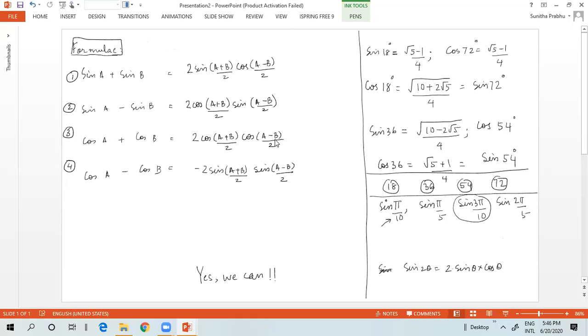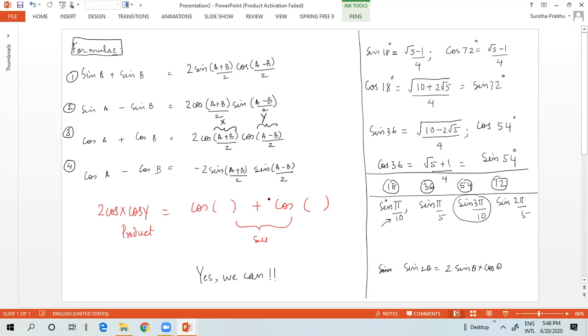If I have 2 cos X cos Y, this can be written as cos of something plus cos of something. This is a formula. The product has been converted into a sum.